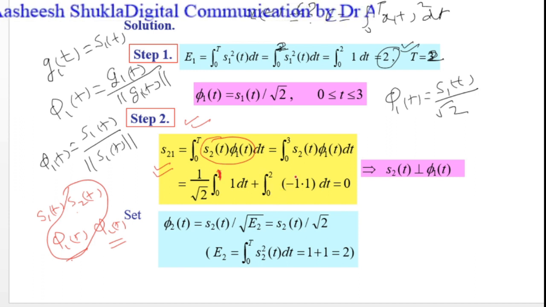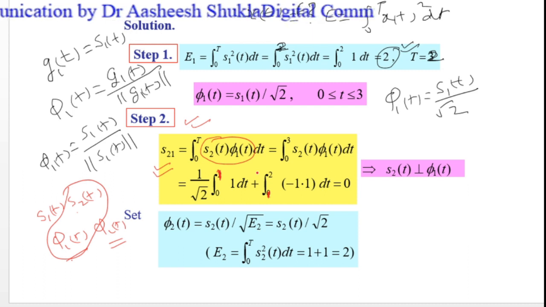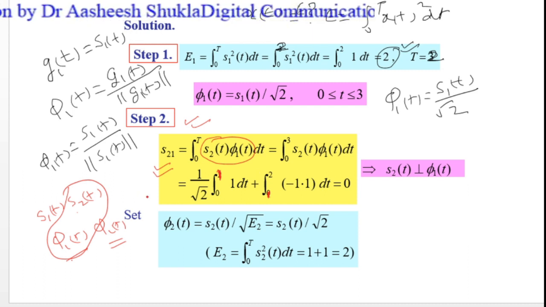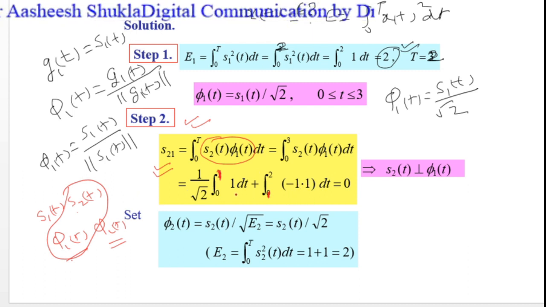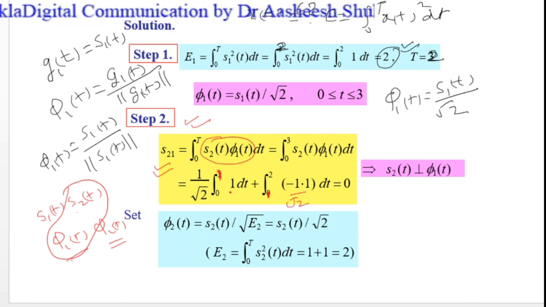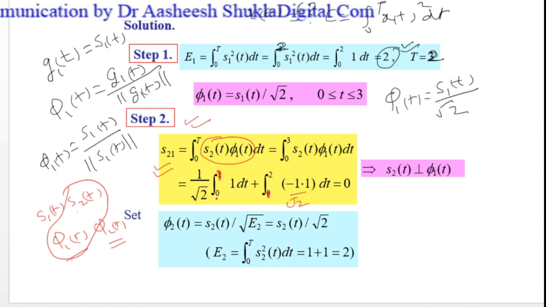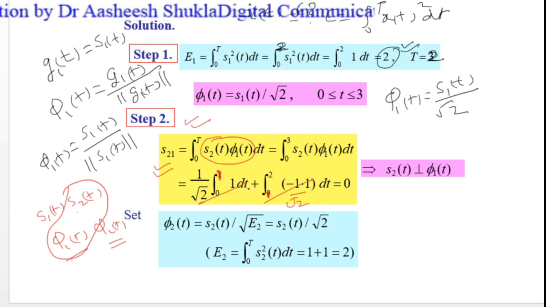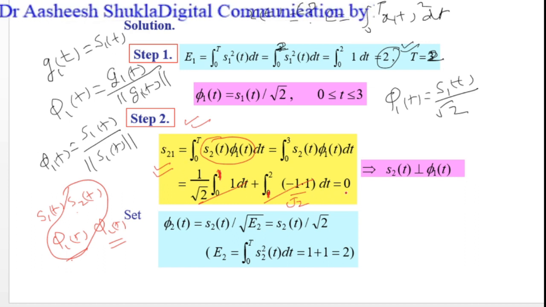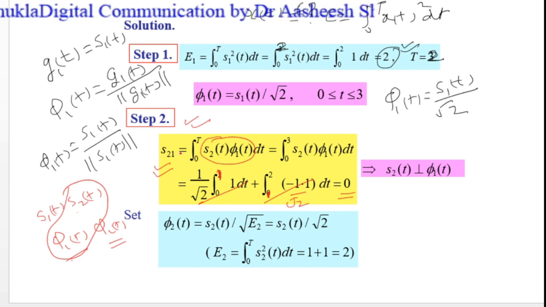And it is minus 1 by root 2 from 1 to 2. So these two values cancel out, and the value of S21 is simply equal to 0, right? So we have calculated the value of S21.